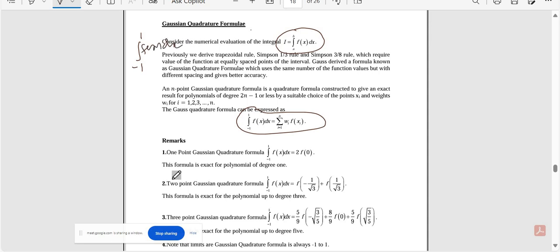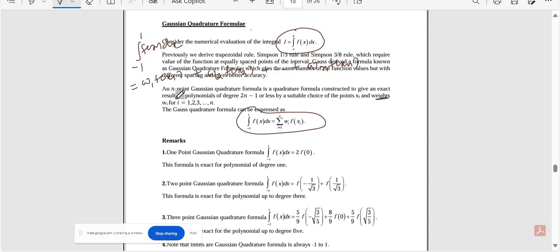Gaussian quadrature finds this integration with the help of the weights, w_i. So first is w1 f of x1, second is w2 f of x2, and so on, up to the last value wn f of xn. So this is the general formula for the Gaussian quadrature.